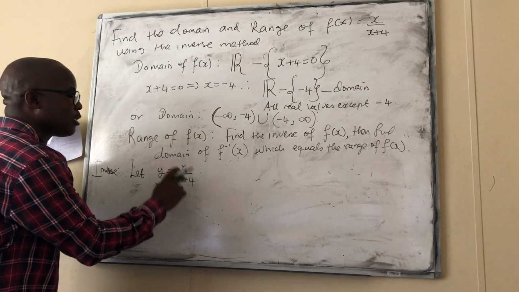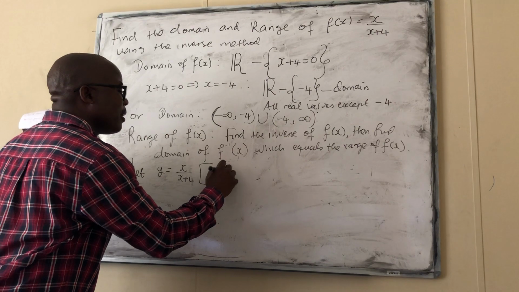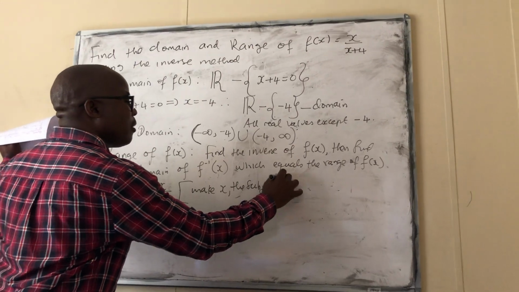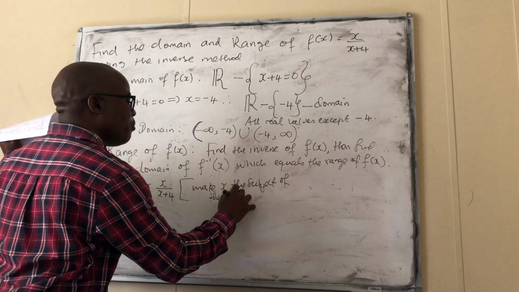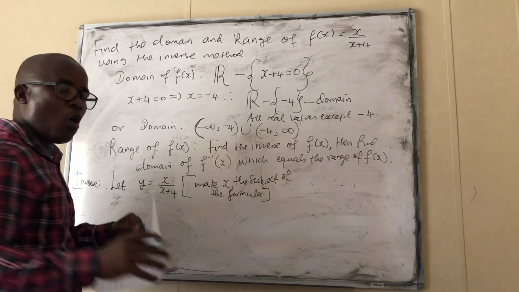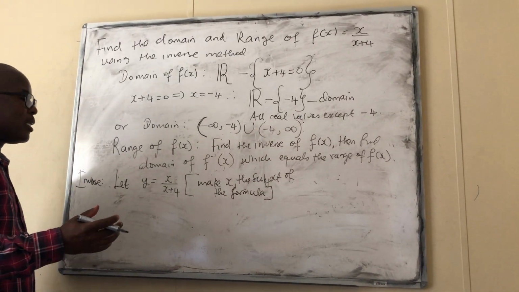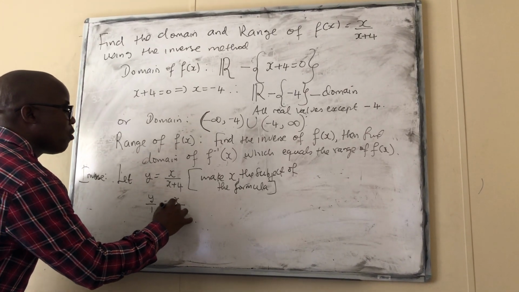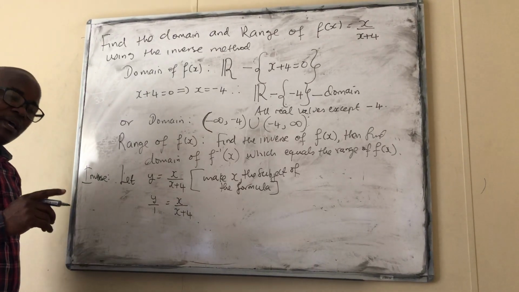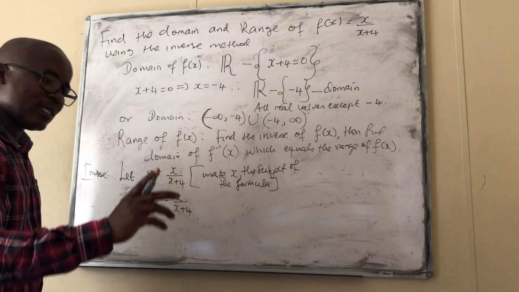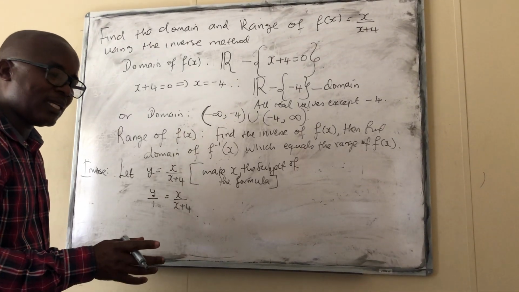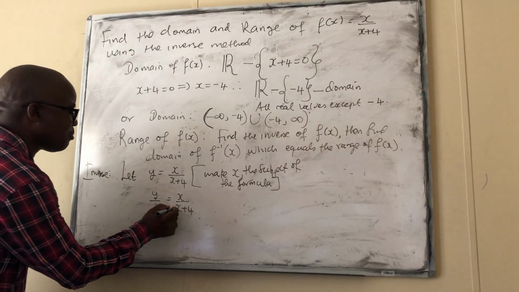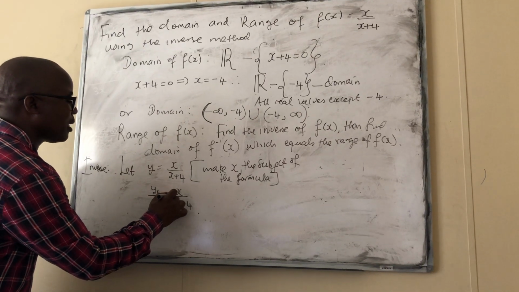Let y equals x over x plus 4. Then make x the subject of the formula, or solve for x. That is basically one and the same thing. So here, when you have y over 1 equals x over x plus 4, if you have one fraction on each side of the equal sign, you can cross multiply to remove the fractional part.